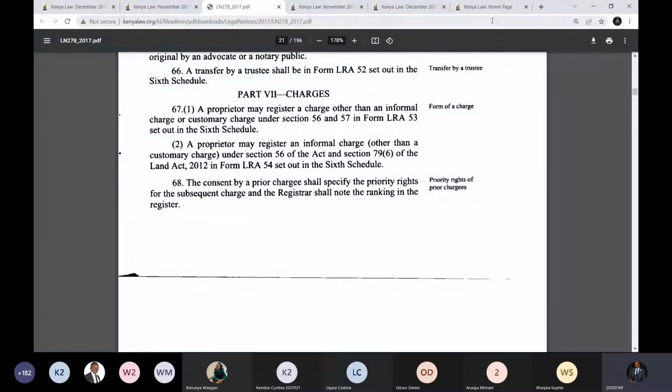Who prepares the sale agreement? The advocate for the vendor. Who prepares the transfer instruments? Transfer is prepared by the purchaser. Okay. Who pays stamp duty?